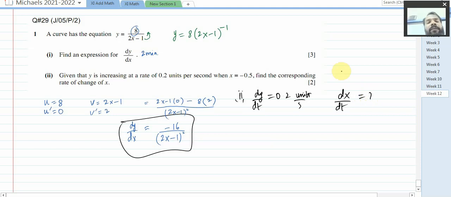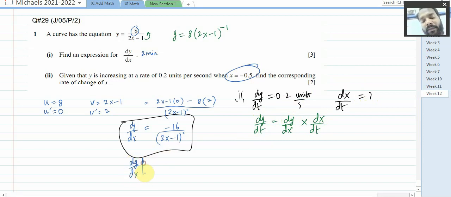Alright. The chain rule we have, it's dy over dt is equals to dy over dx times dx over dt. For dy over dx, the value of x is given, and that is 0.5 with the negative sign, right? So we need to find out dy over dx at x is minus 0.5, so it's minus 16 divided by 2x minus 1, that is minus 1 upon 2 minus 1, and its whole square, right?